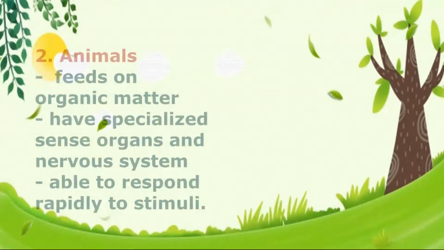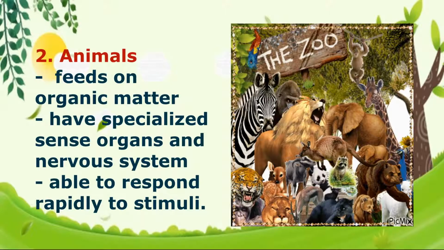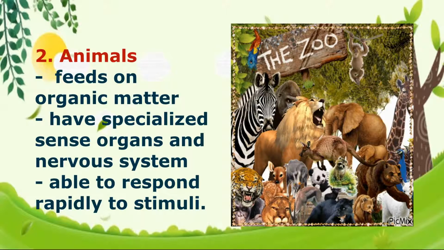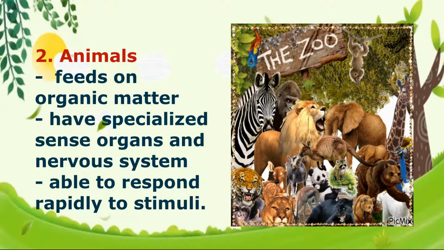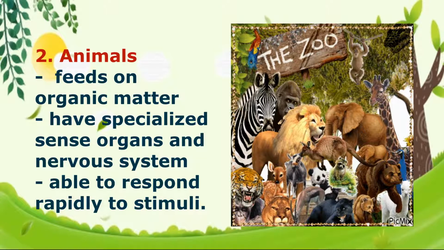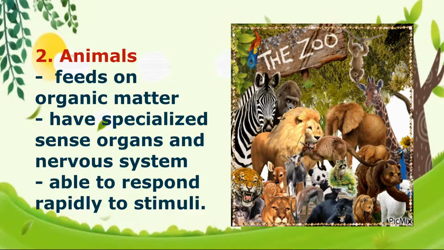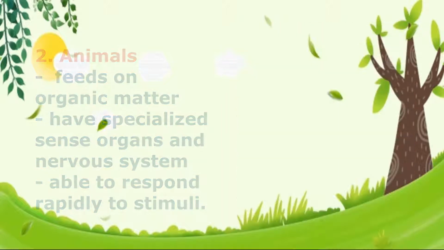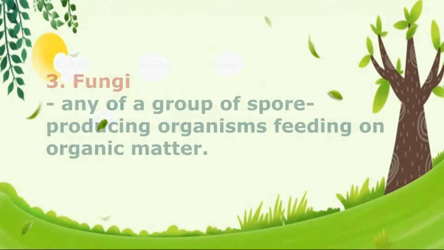2. Animals. A living organism that feeds on organic matter, typically having specialized sense organs and nervous system and able to respond rapidly to stimuli. 3. Fungi.